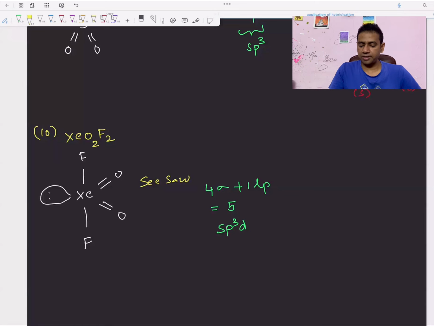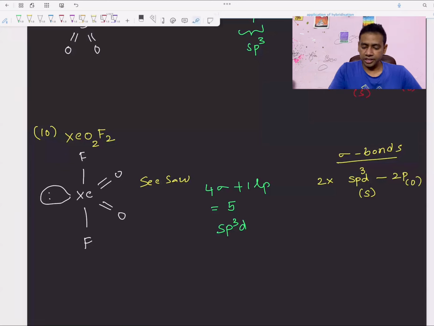Here I am going to make some important points. We got sigma bonds, total 4. Out of 4, 2 sigma bonds are of 1 type, formed from the sp3d hybrid orbital of xenon overlapping with the 2p orbital of oxygen.